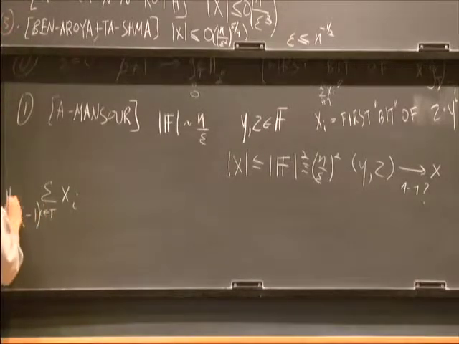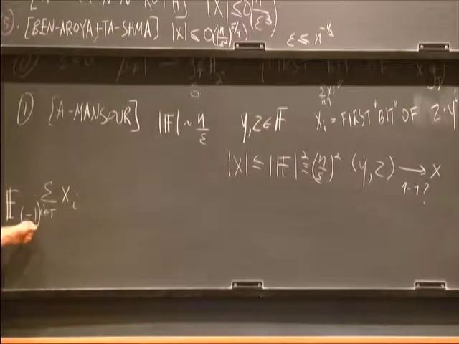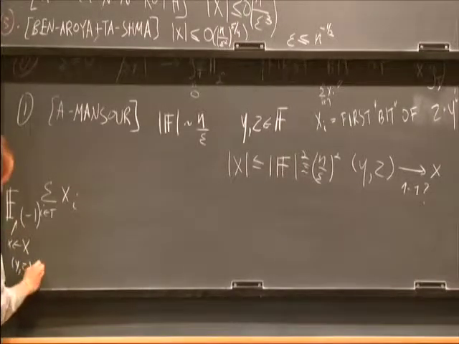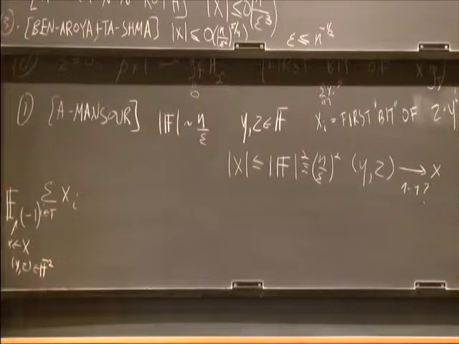So we will show that this expectation of (-1) to this number is small. If this expectation is small, then this will be an unbiased bit. This is the expectation over y and z, over x in X, which actually means over y and z in F squared.